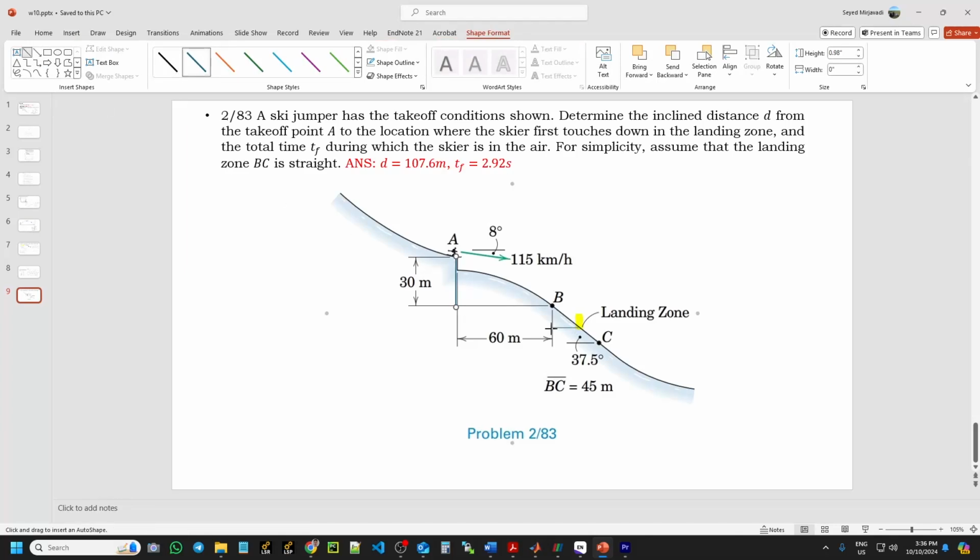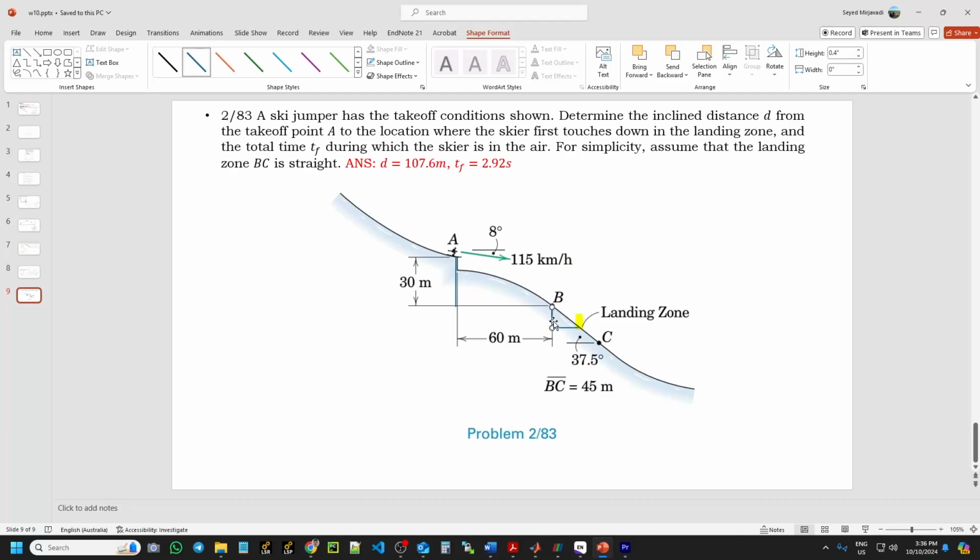From B to this point, if this is 37.5, and we assume that from B to this point is S, it will be S sine 37.5, because we have a right triangle.